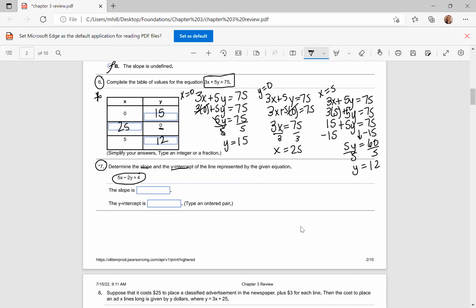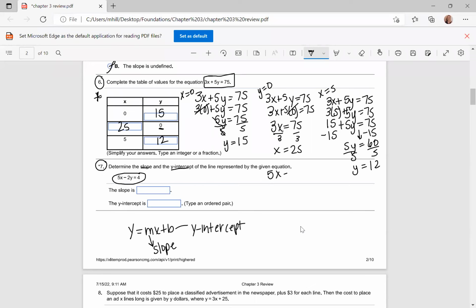So really, we want this to end up being y equals mx plus b, because if we can get it like that, we know that the number in front of the x is the slope and that b is your y-intercept.